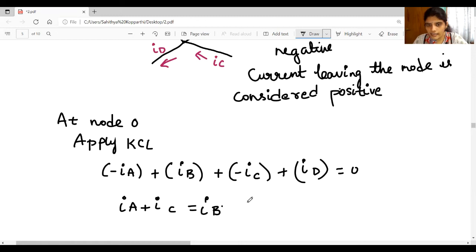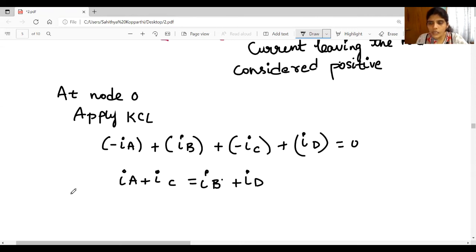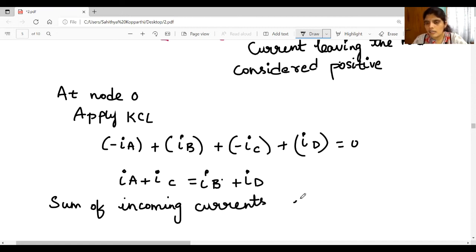That means I can write: sum of the incoming currents is equal to the sum of the outgoing currents, or sum of the entering currents is equal to the sum of the leaving currents.